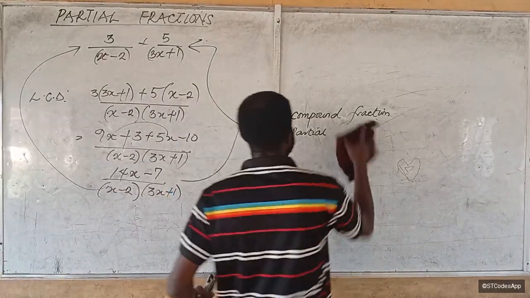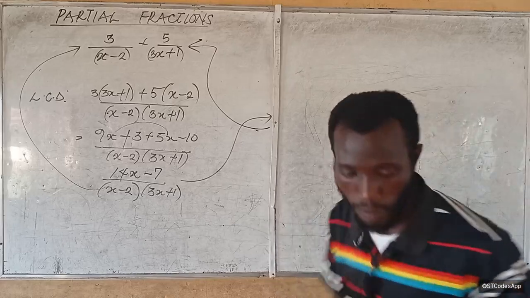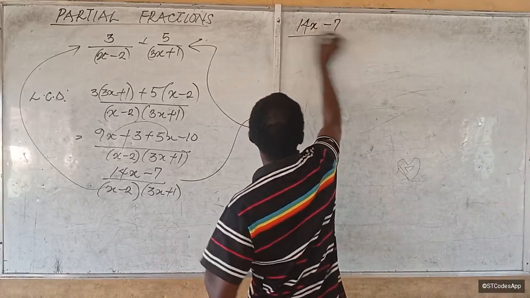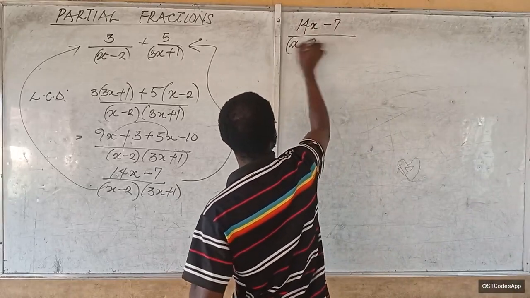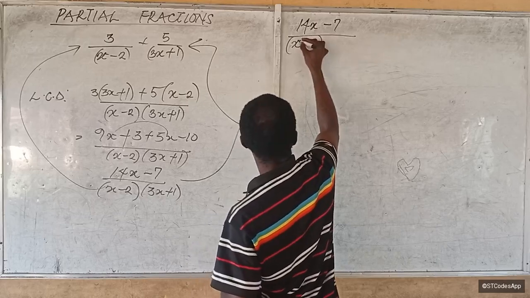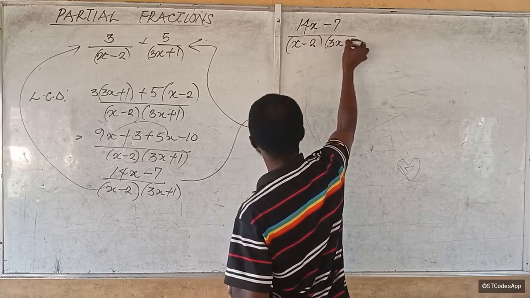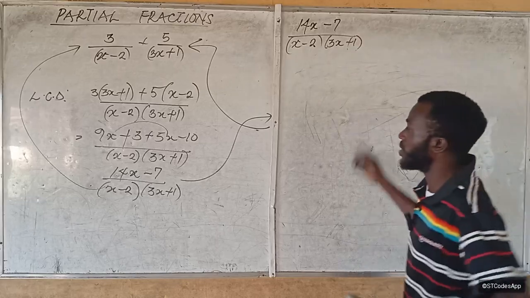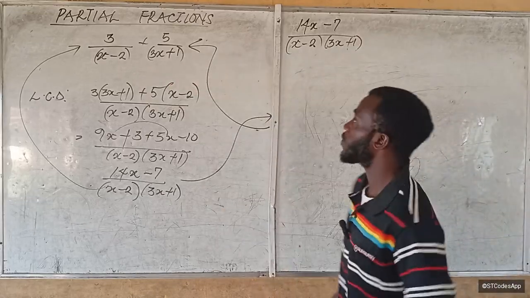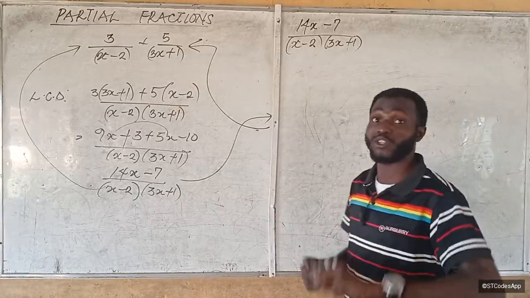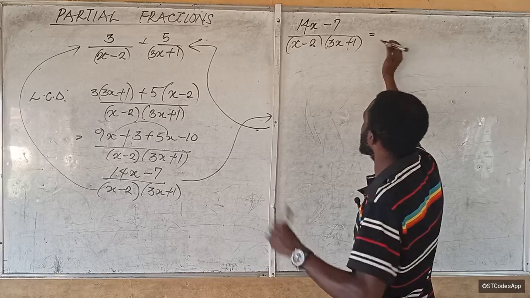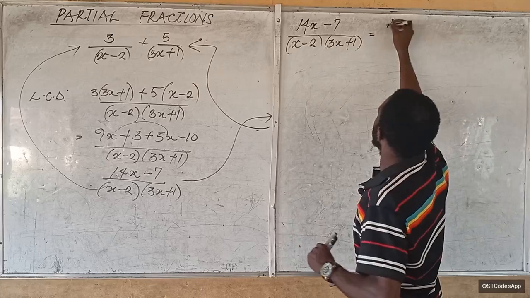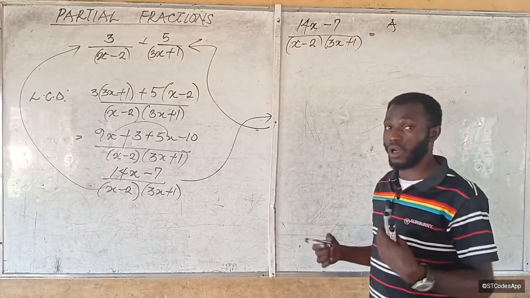Now watch me. So I have my compound fraction, 14x minus 7 all over x minus 2 and 3x plus 1. Now, how do I make this become this back? Whenever we have a compound fraction, we know that it came from a particular partial fraction in which there is a numerator A, which is a constant.